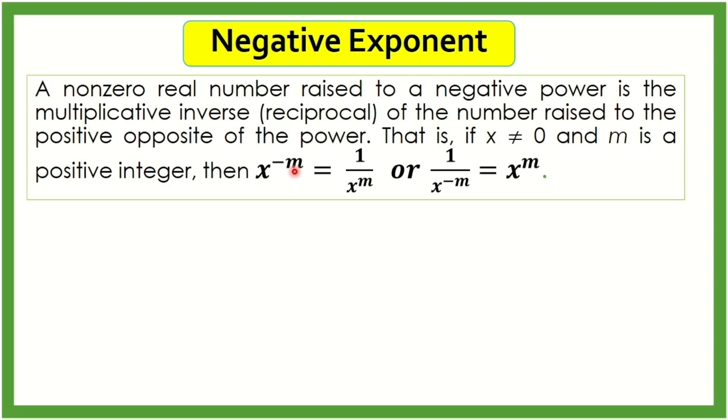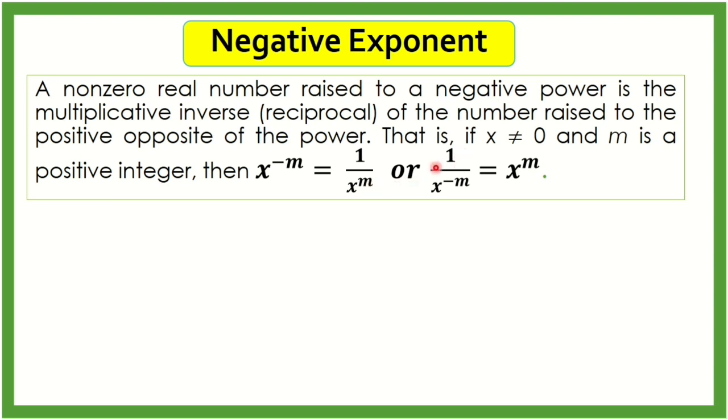Para maging positive exponent, kukunin natin yung multiplicative inverse or reciprocal ng base, and then i-raise natin ito sa positive opposite ng ating exponent. So, instead of negative m, magiging positive m na siya.